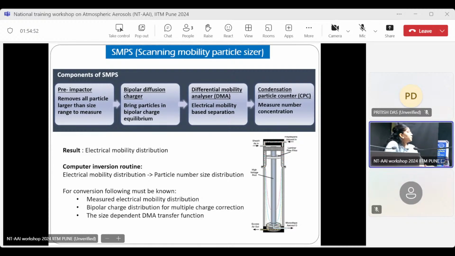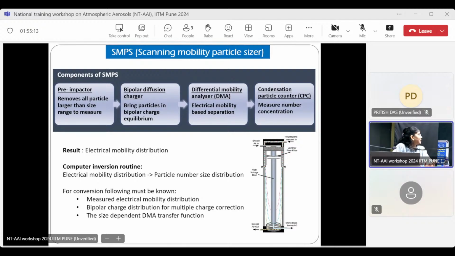Till now it is clear that from this system we are getting the electrical size distribution. We have to convert that electrical charge size distribution to your number size distribution, because you do not want the electrical distribution, you want the number distribution.